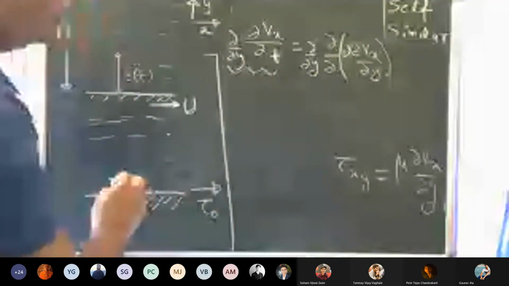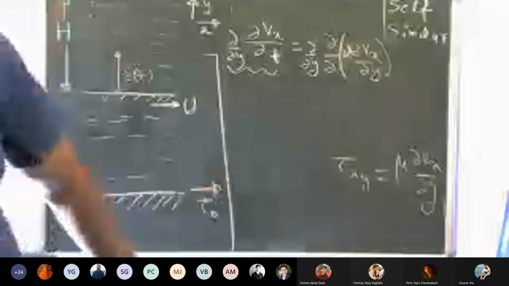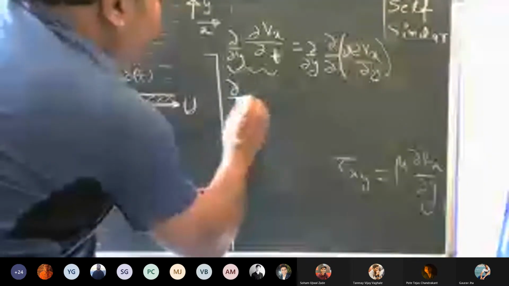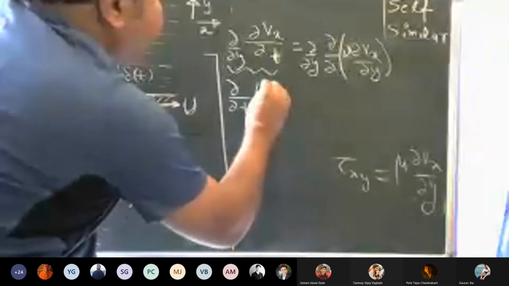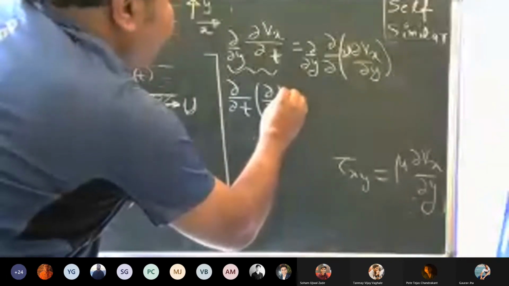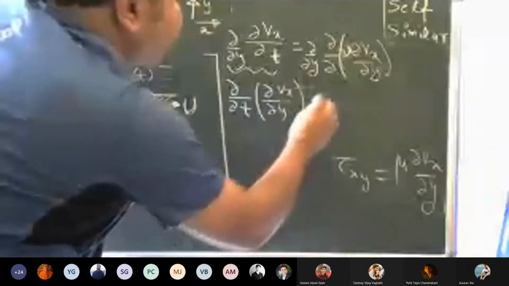Here you can use the exchange of variables. It will be dou of dou t, dou of dou y, vx.